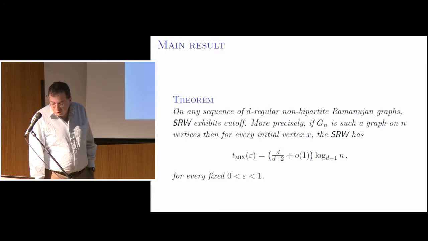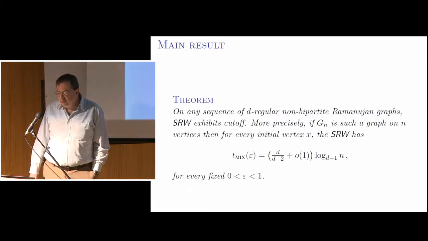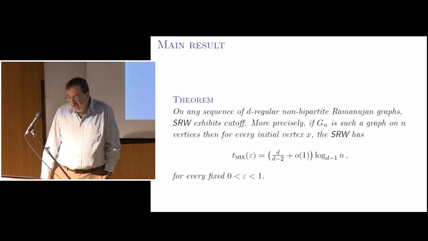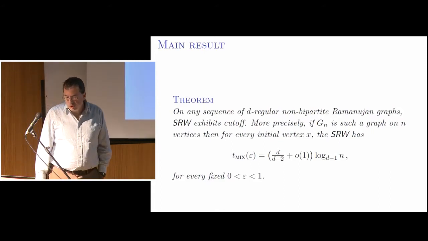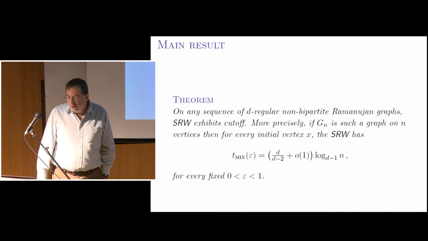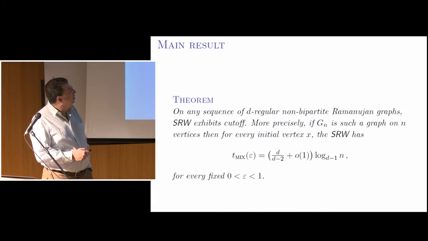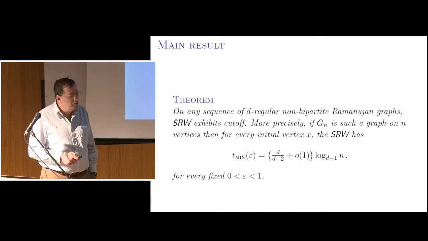So here is the main result. On any sequence of d-regular non-bipartite Ramanujan graphs, simple random walk exhibits cutoff. And T mix of epsilon is, as we suggested before, d over d minus 2 times log base d minus 1 of n, the same as in the random d-regular graphs.